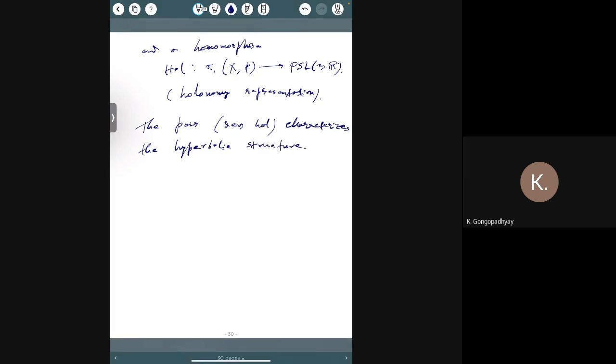And one can also prove that the holonomy map is injective. If you have a complete hyperbolic structure, then the holonomy map is injective.